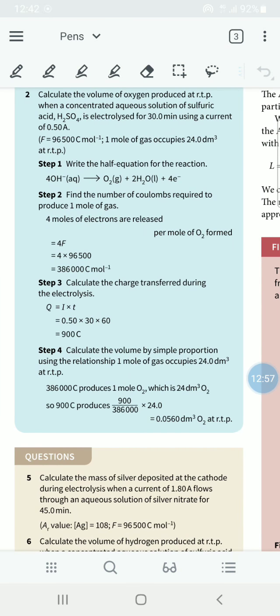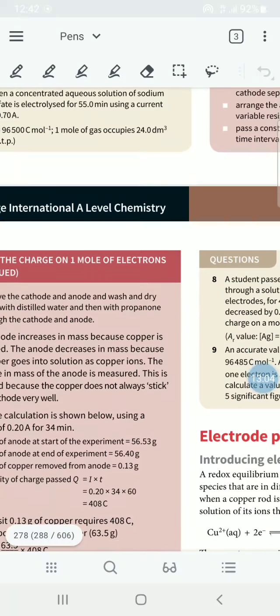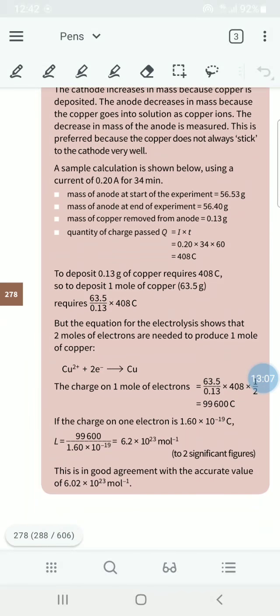Using this figure, we can find the charge of 1 mole of electrons, and that value divided by the charge on 1 electron will give us a value for the Avogadro's constant.